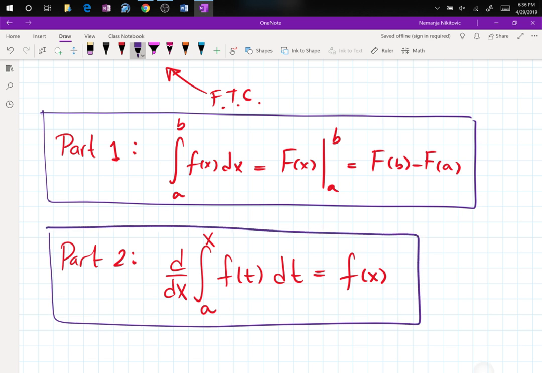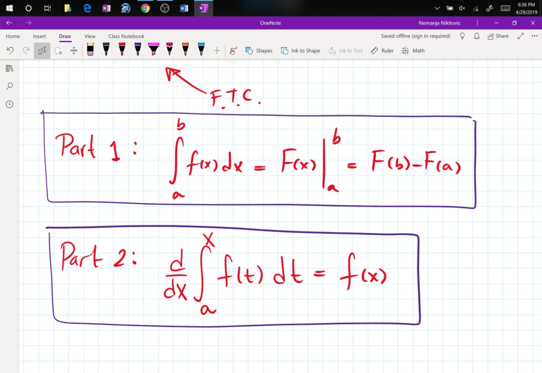Some might say, what's the point? I just changed the variable from t to x. Yeah, that's exactly the only thing that happened. We literally changed the variable from t to x, because if I get to use the same lowercase letter, that's the same function.